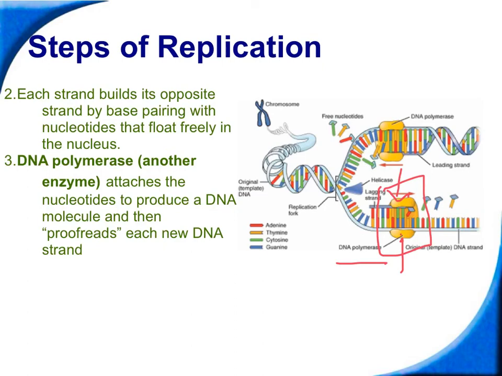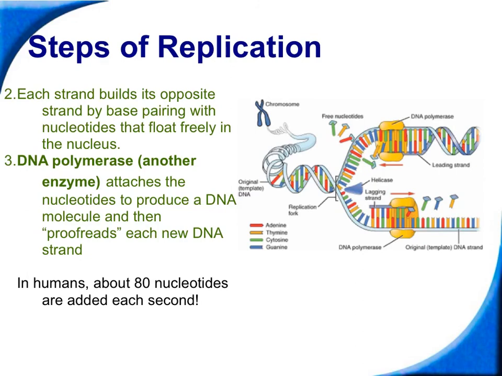And what this DNA polymerase is doing is it's hooking them together, and at the same time it's checking to make sure that the base pairing is matching up correctly. It works pretty hard because about 80 nucleotides are added every second in your body. So it's kind of amazing if you stop and think about it.